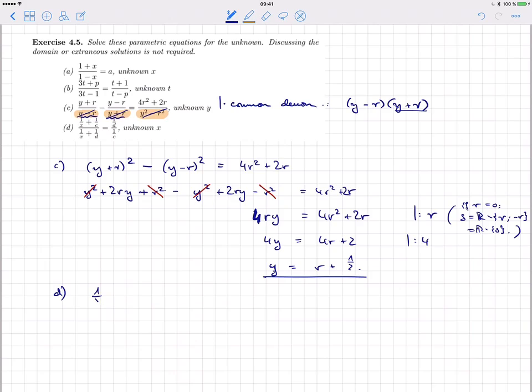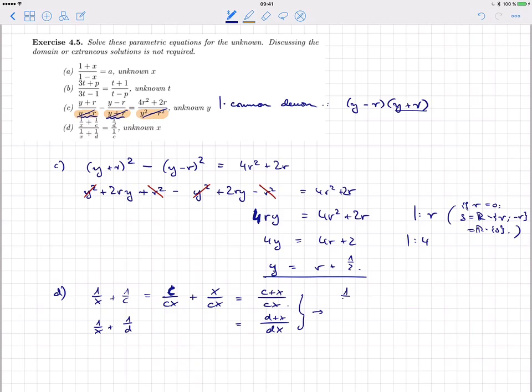So 1 over x plus 1 over c, we need to make it under the common denominator. So we need a c in the first fraction and an x in the second fraction. And for the denominator, it is the same pattern, just with d instead of x.